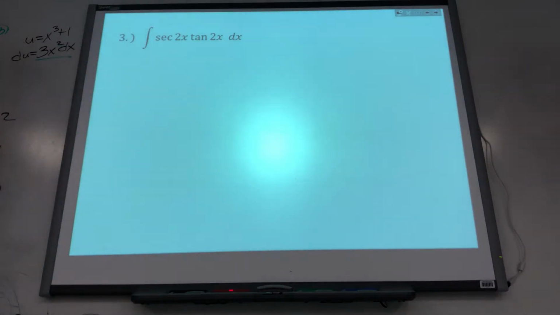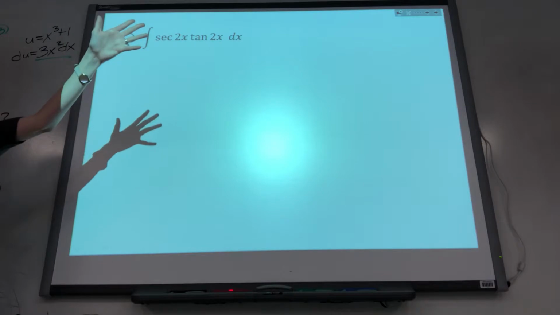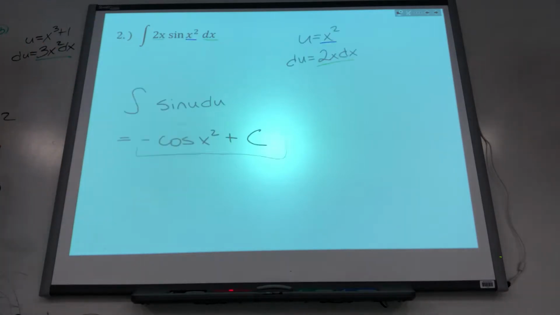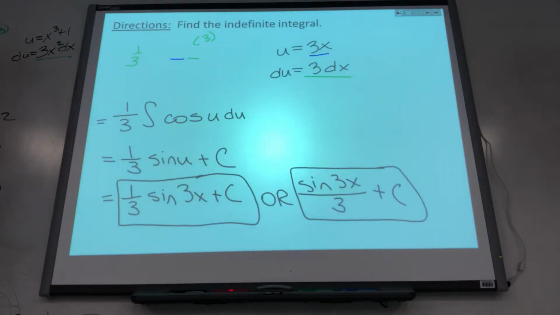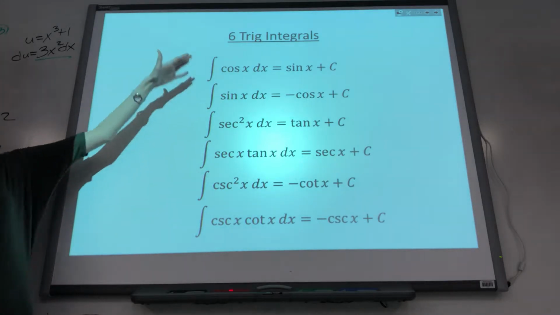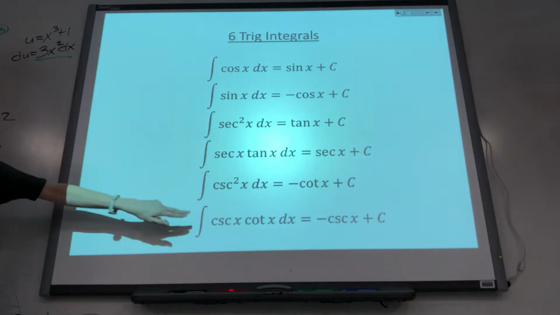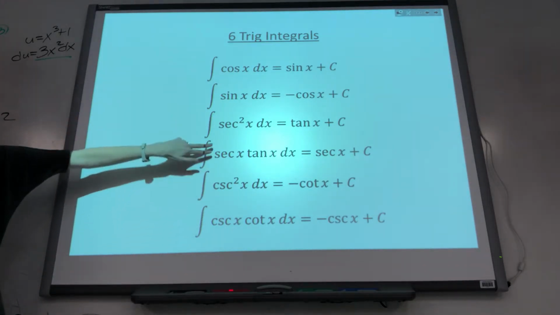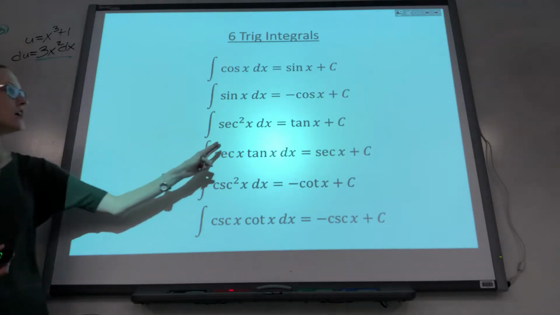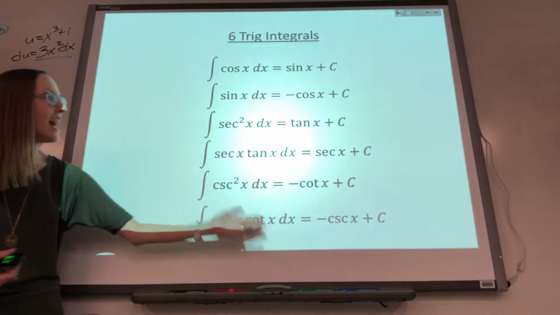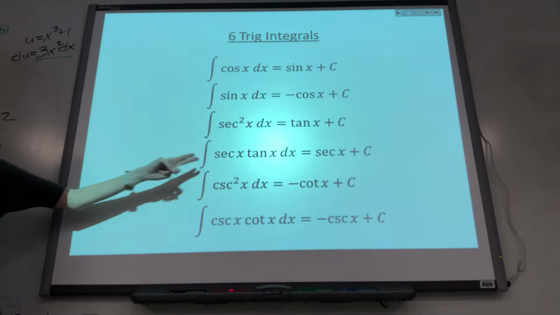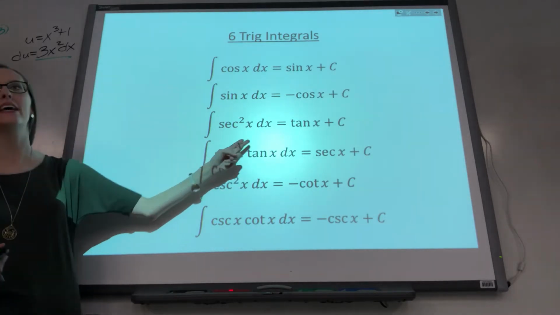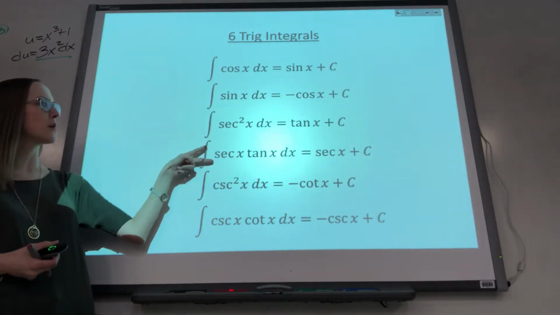Now this looks weird because you have two trig functions, but I'm going to go back here for just a second to our list of trig integrals. And remember, a couple of them do have two trig functions. And in our case, for this example, we have secant and tangent, and that's going to match up really nicely to this one.